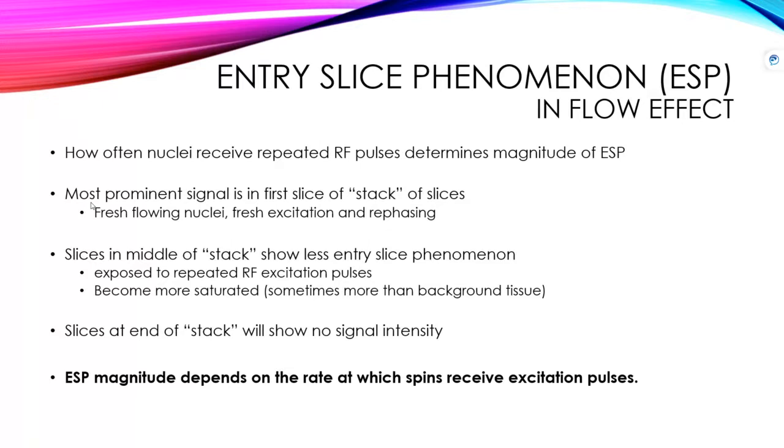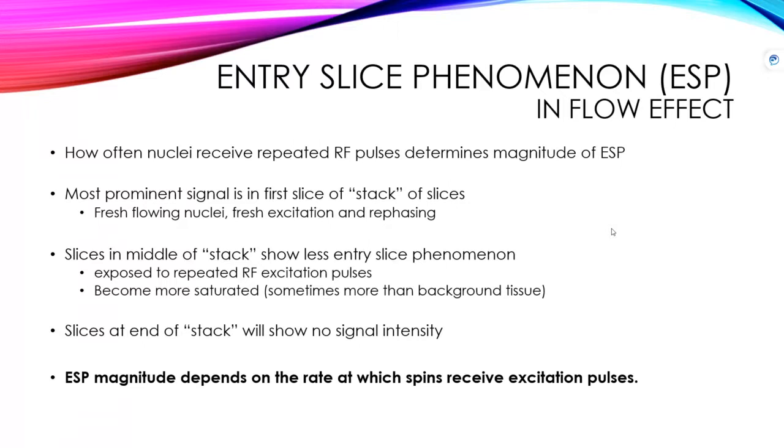However, by the time it gets to the very last slice in the stack, it has been excited and rephased over and over again with a short TR, so it's not going to produce much of a signal intensity. That's what we mean by entry slice phenomenon.